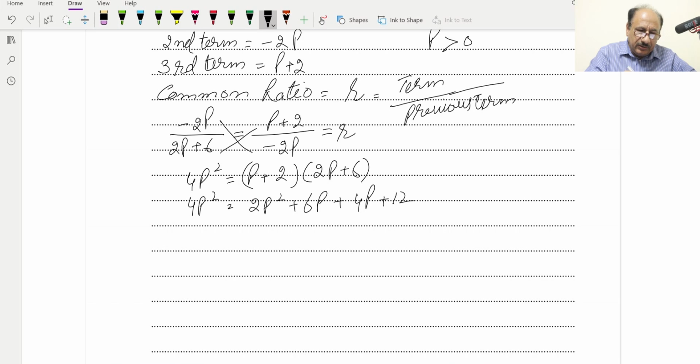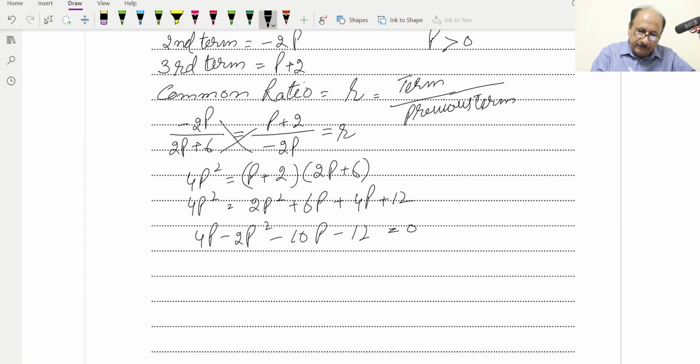Now further we can just simplify, one more step. We can shift everything to one side, so it will be 4p squared minus 2p squared minus 10p minus 12 is equal to 0.